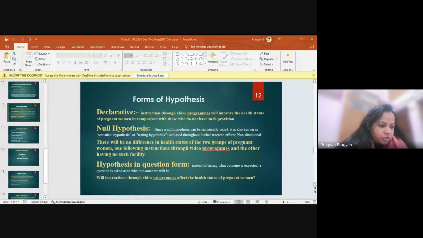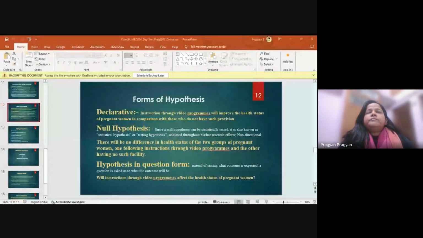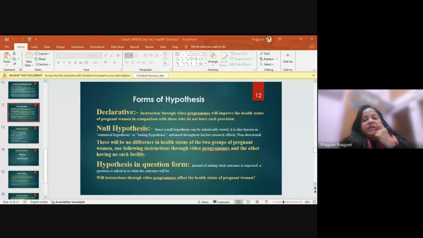Okay, let's talk about the difference between theory and hypothesis. The basic difference is that a theory comes only after systematic studies that are part of a very long process of research in that body of knowledge.